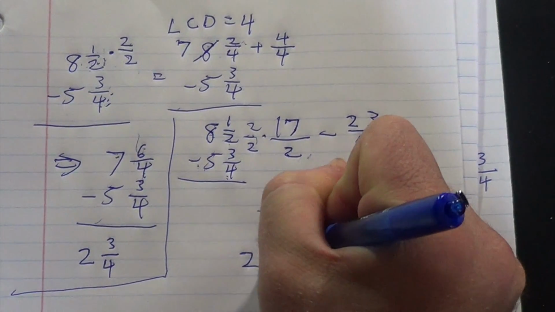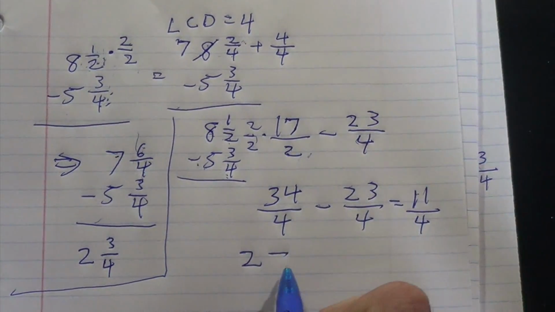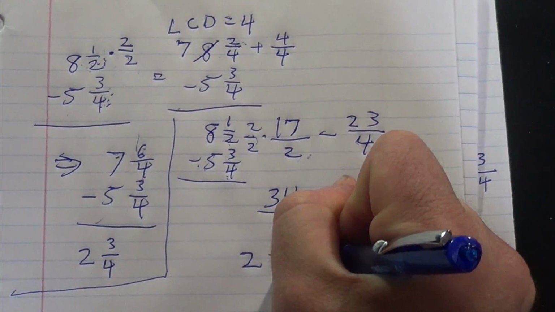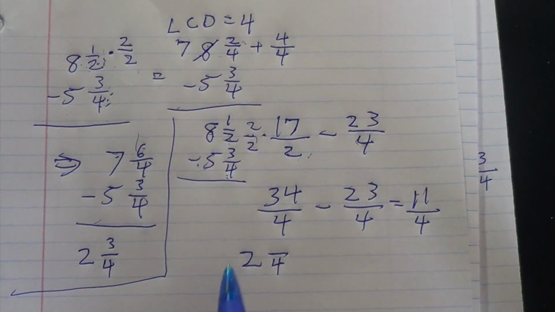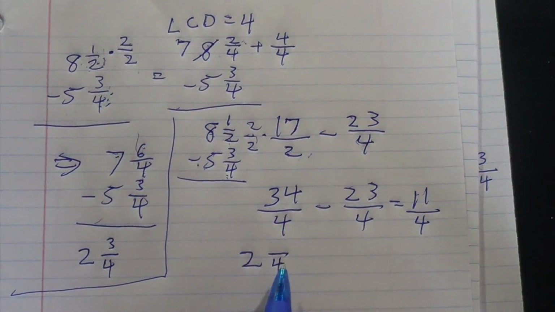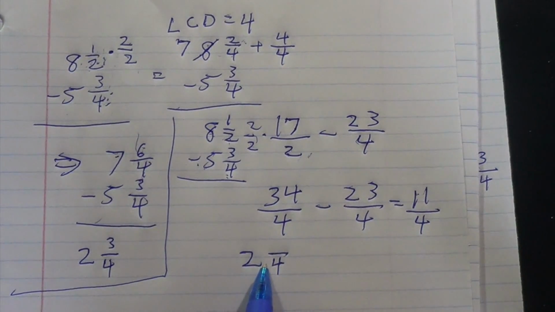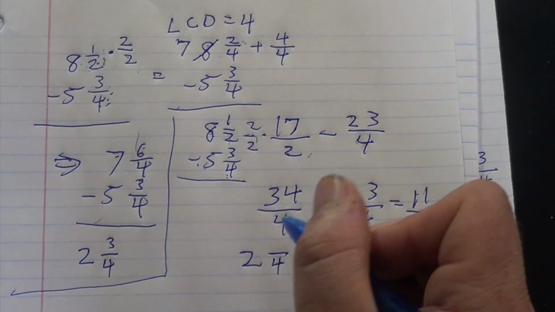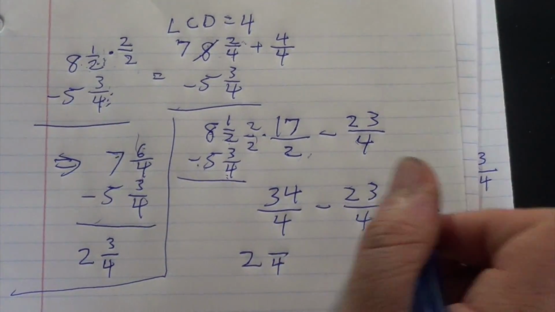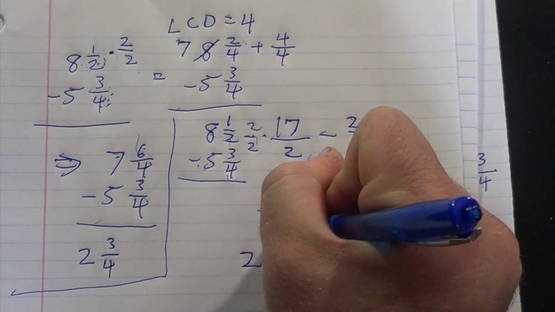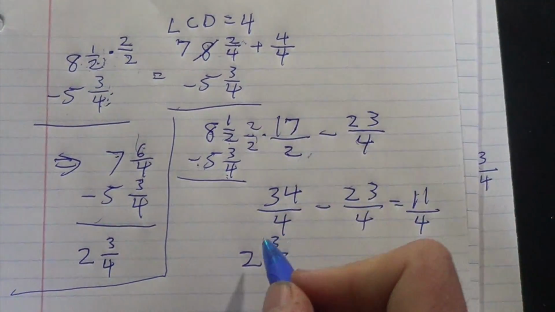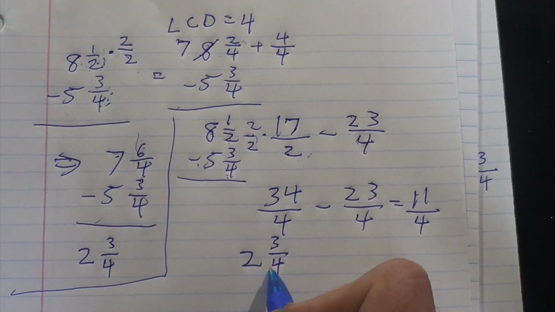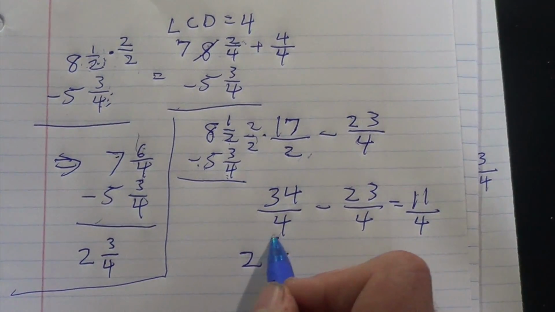So we're left with a 2. Our denominator just comes right down here. It doesn't change. And so we go 2 times 4 is 8. And 8 plus what equals 11? Well, that would be 3. So you can check your answer. You got 8, 9, 10, 11.